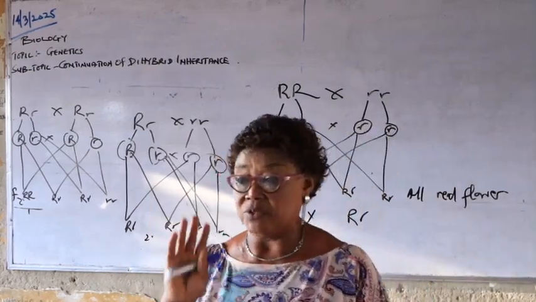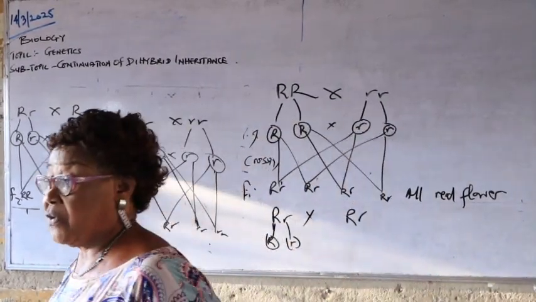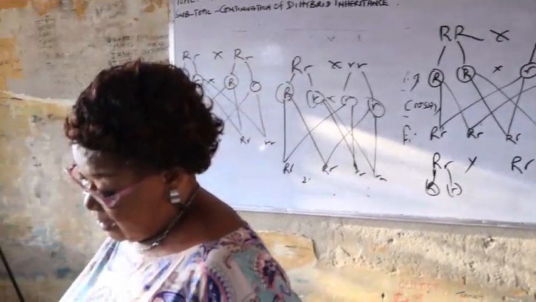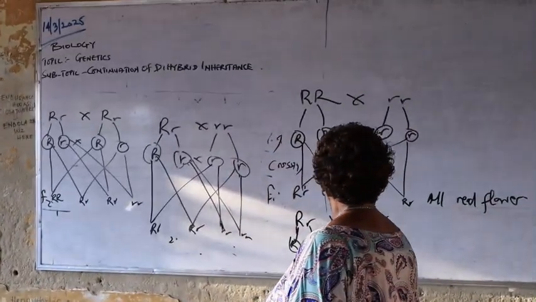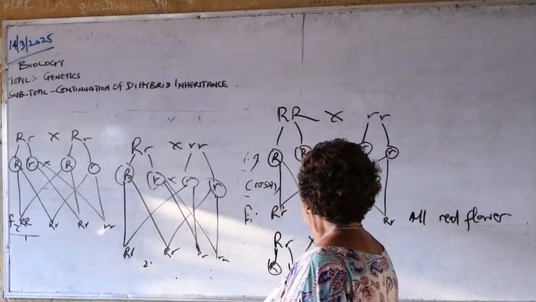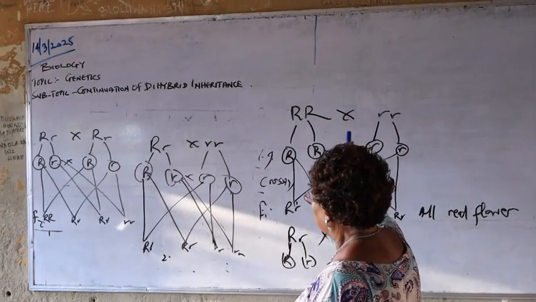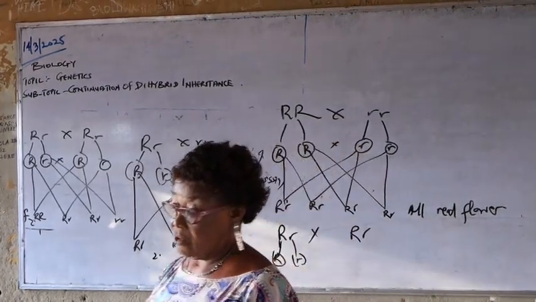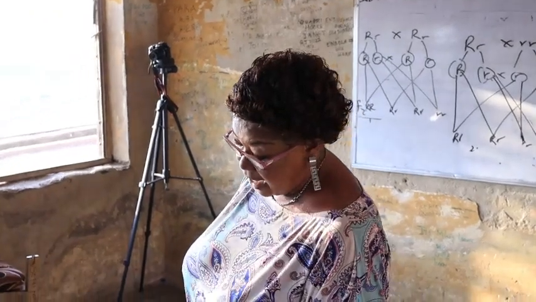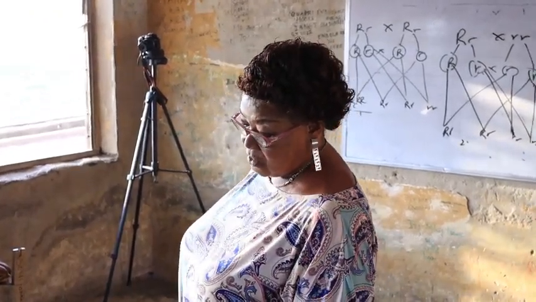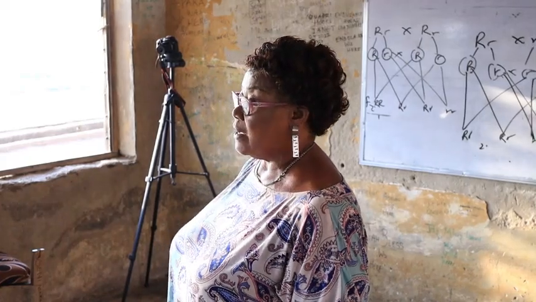Capital red, that's 1 homozygote for red and 1 homozygote for white. And that leads us to the second one, the heterozygotes for red flower, which is this one, the heterozygote. And taking it now for back cross, we'll have homozygotes for white and also for red flower.